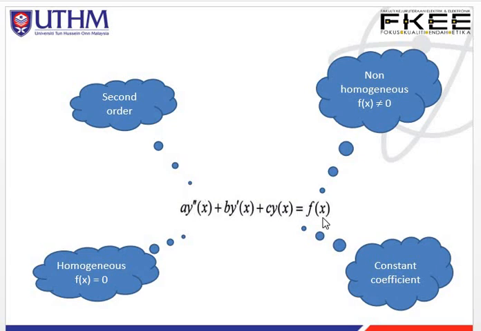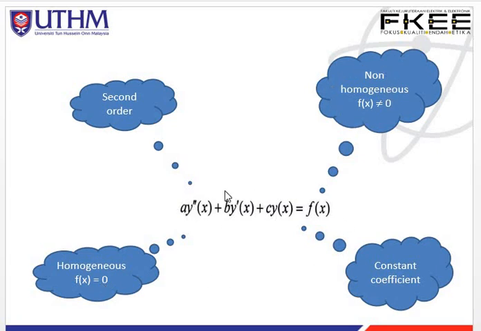If the equation is equal to f(x) and this f(x) is equal to 0, then we obtain a homogeneous linear differential equation. So homogeneous is f(x) equal to 0. And what is non-homogeneous?